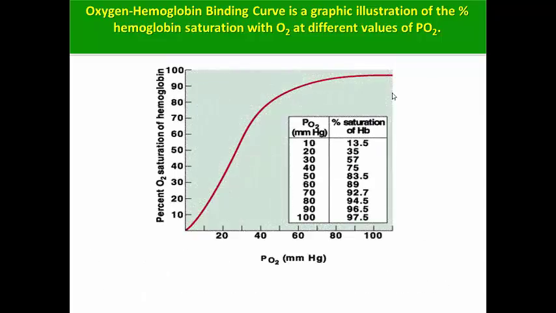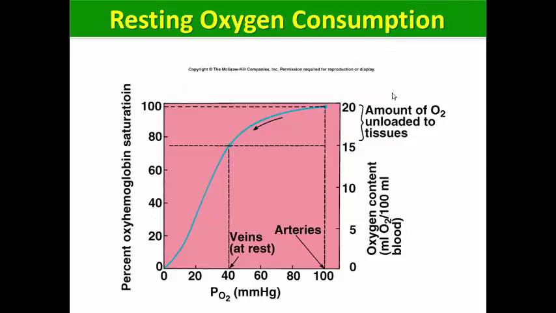Again, this is the same thing. This is the curve. And this curve shows the resting oxygen consumption. So this is the oxygen content of the arterial blood. In each 100 milliliters of the arterial blood, we have 20 milliliters of oxygen. This is the oxygen content of the venous blood, 15.